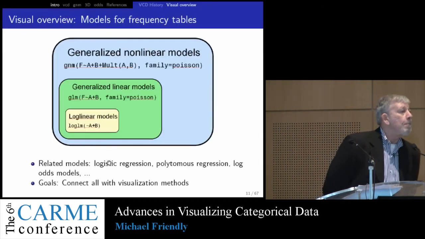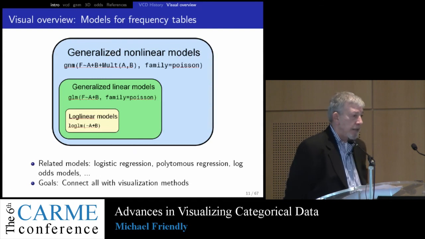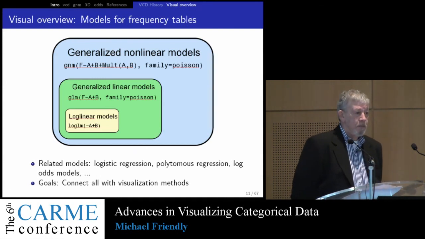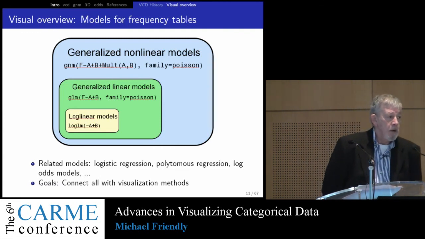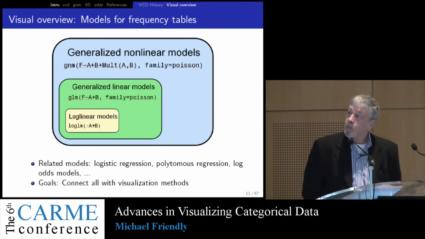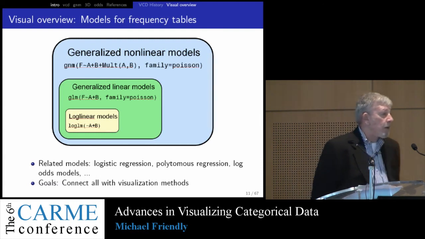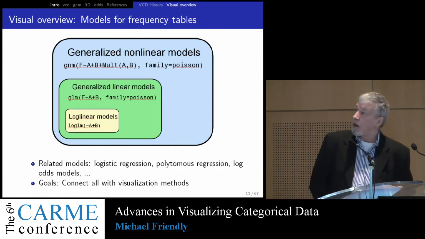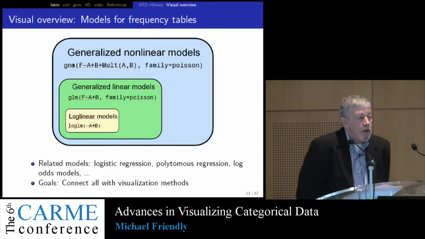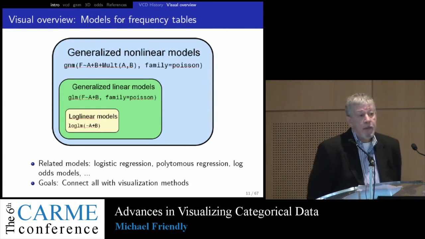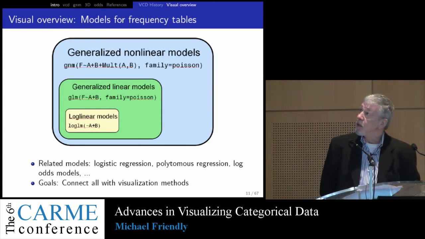So I'll be talking about models for categorical data, and I'll focus on three nested classes of models. The most basic models for frequency tables are log linear models. But of course, log linear models are just a special case of generalized linear models with a Poisson link, and ordinary linear models are just other exemplars of generalized linear models.